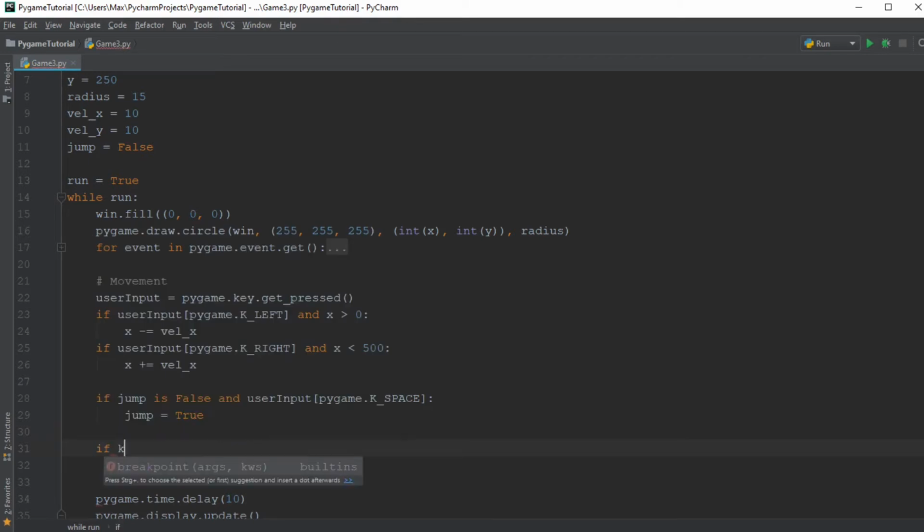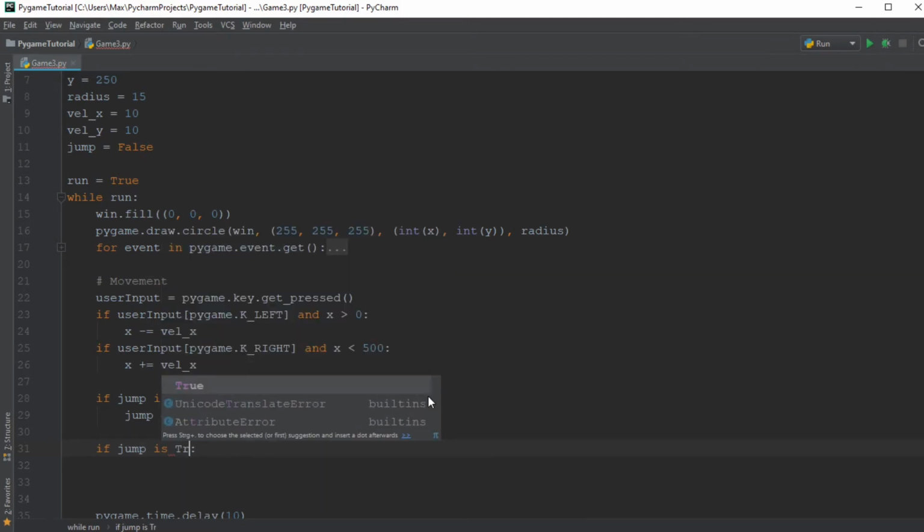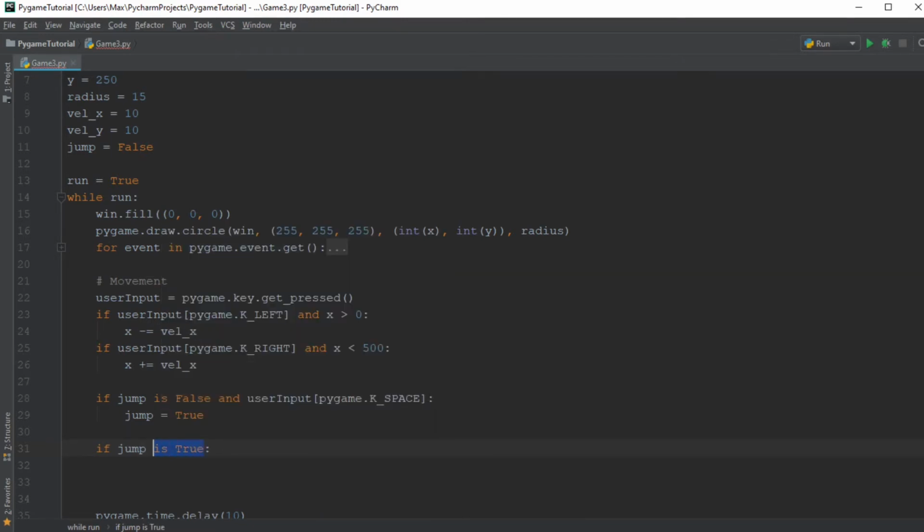And if jump is true, you don't really need to write that, but I just want to make it really explicit, so you can leave is true away, but let's keep it in for now. And yeah, so if jump is true, then we want to move upwards on the screen, right?